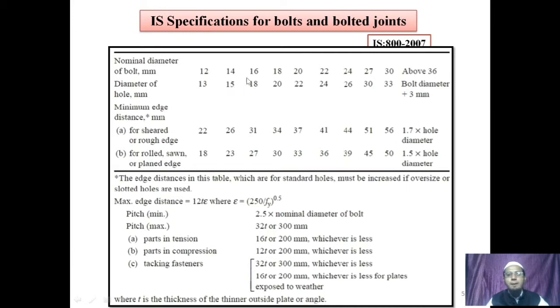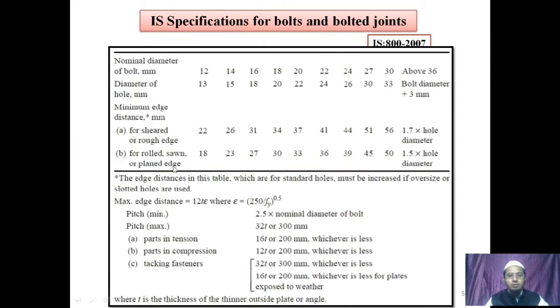For bolts having 16 to 24 mm diameter, the diameter of hole or gross diameter should be taken as nominal diameter plus 2 mm, as we have already discussed. And for bolts having diameter greater than 27 and 30 mm, the diameter of hole will be taken as d plus 3 mm and so on.